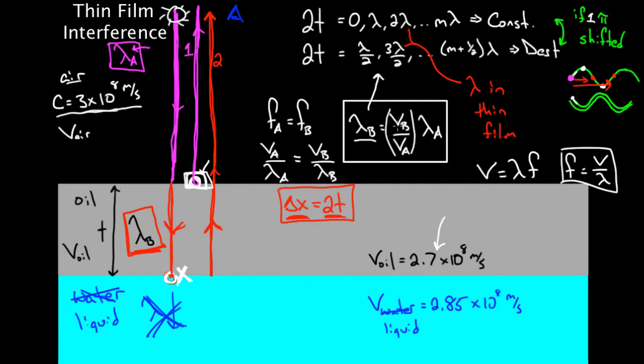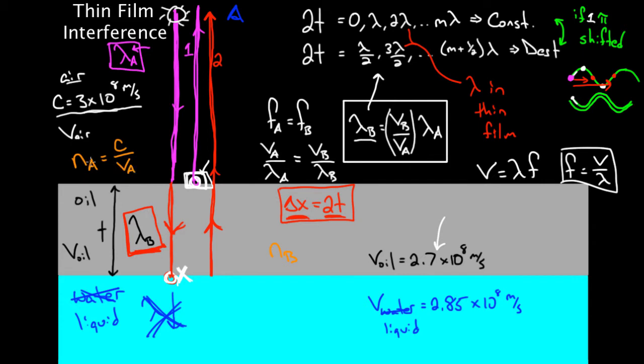What if you're not given the speed? Sometimes they give you the index of refraction. Well, if they gave you the N in region A and the N in region B instead of giving you the speeds, remember, index of refraction is defined to be the speed of light in a vacuum divided by the speed of light in that material.